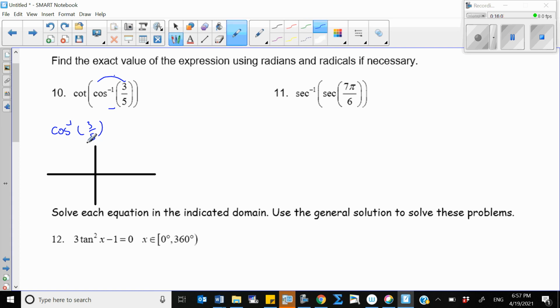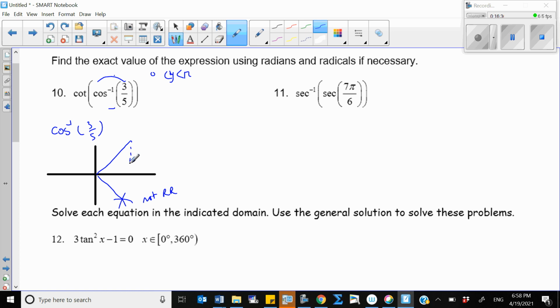I know the value is positive, so the angle is going to be either here or here. But we know that the restricted range for cosine is from 0 to pi. So I only accept this one, not this one. This one is not in the restricted range. Always for composite functions, we need to consider the restricted range.